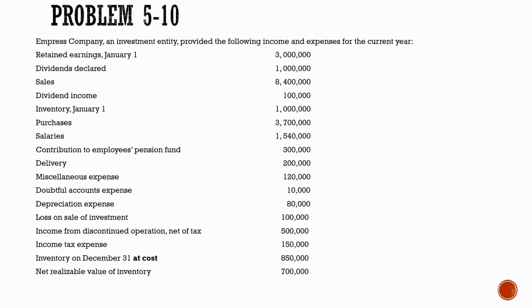A beginning retained earnings na 3 million, dividends declared na 1 million, 8.4 million na sales, 100,000 dividend income, and inventory beginning na 1 million, purchases amounting to 3,700,000, 1,540,000 na salaries, contribution to employees pension fund na 300,000, delivery na 200,000, miscellaneous expenses na 120,000, 10,000 na doubtful accounts expense, 80,000 na depreciation expense, 100,000 loss on sale of investment, 500,000 income from discontinued operation net of tax, 150,000 na income tax expense, 850,000 inventory ending at cost, at 700,000 na net realizable value of inventory.